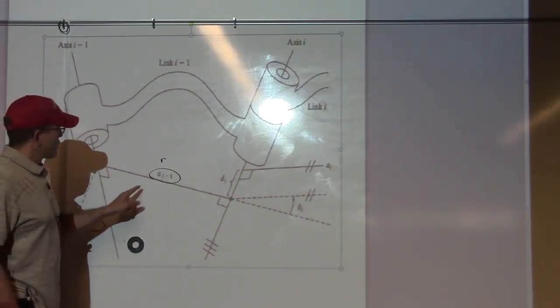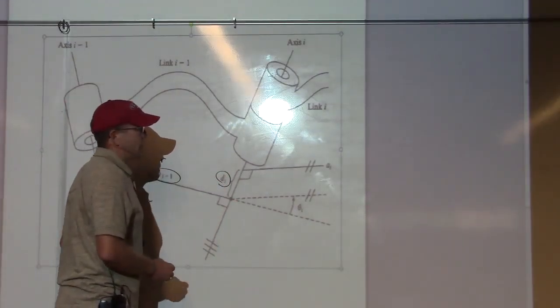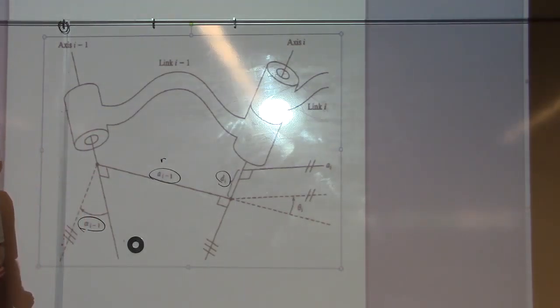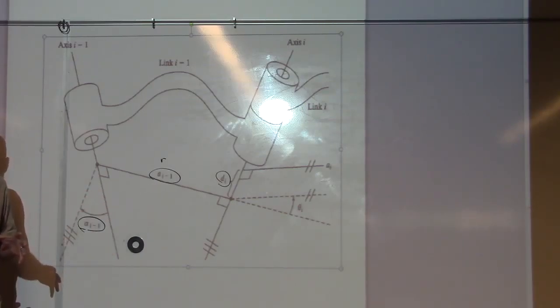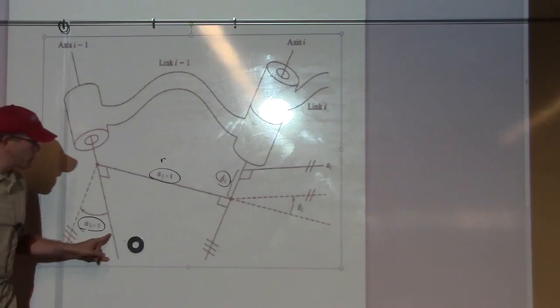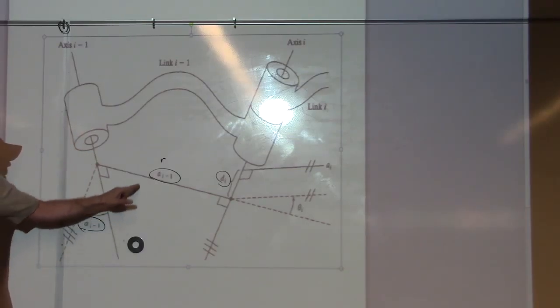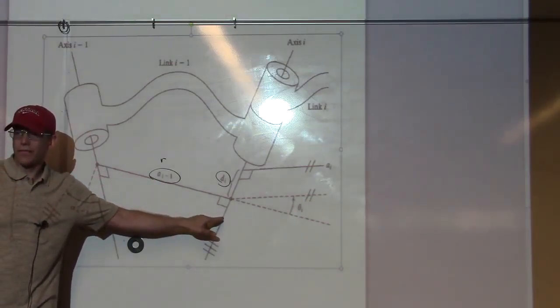In addition to those two physical characteristics, we also have this d parameter, which represents what? This characteristic and this characteristic are physical characteristics of the joint. This represents the twist angle on the link, and this represents the length of the link itself.